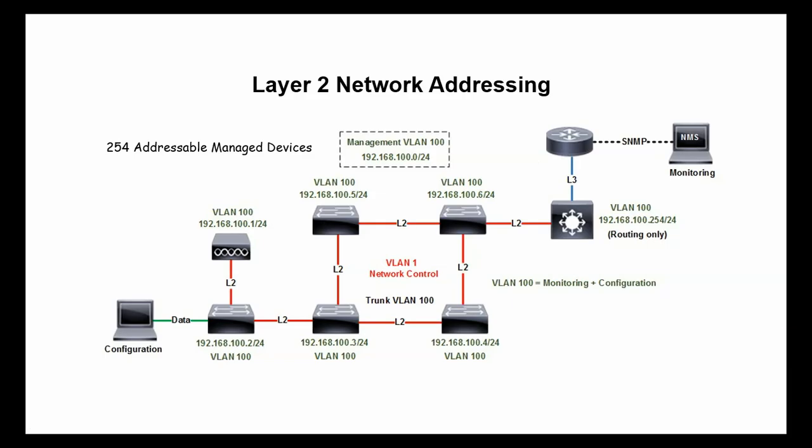The management VLAN is for monitoring and configuration. So the SNMP traffic will use this management VLAN subnet to get all the traps from devices. And it'll use this as the source address to send that information back to the monitoring station.